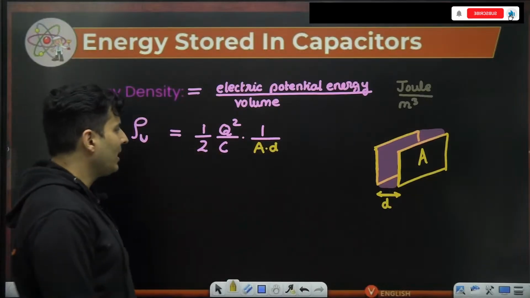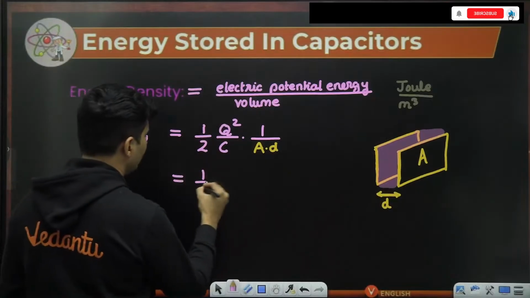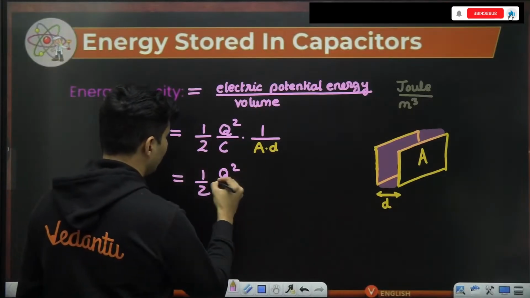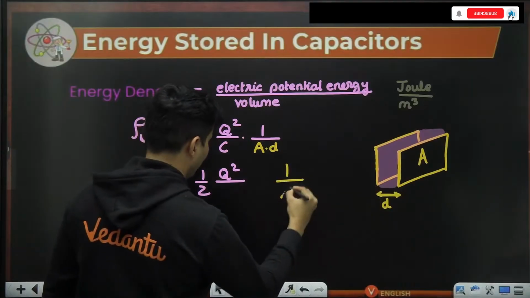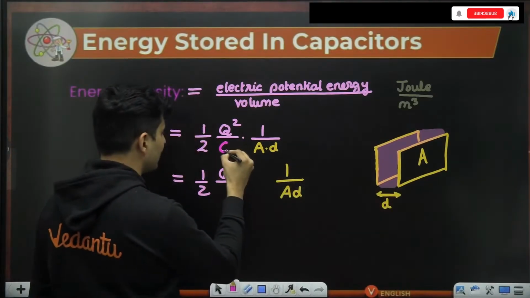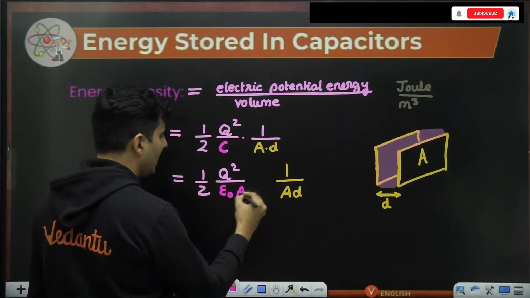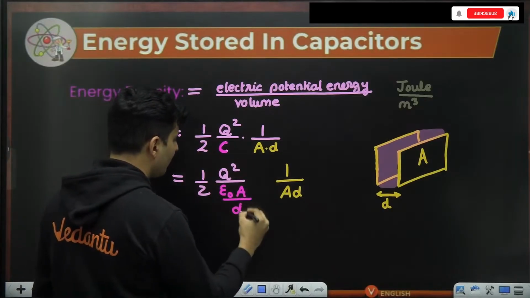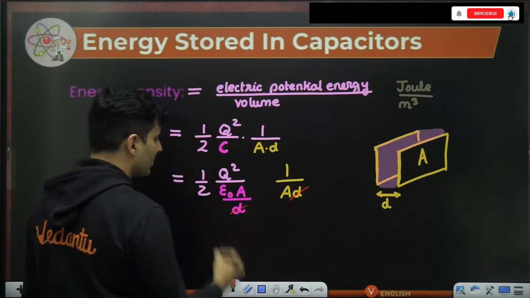Okay. But the capacitance formula, I already know it. So I can definitely substitute it. So half Q square, and I will also put 1 by AD over here. What is the formula for capacitance? It is nothing but epsilon naught A divided by D. Best part, D and D just got cancelled.